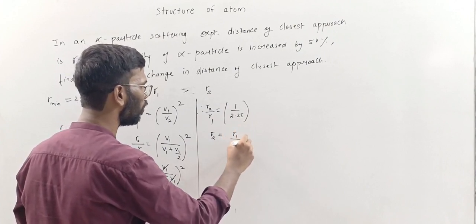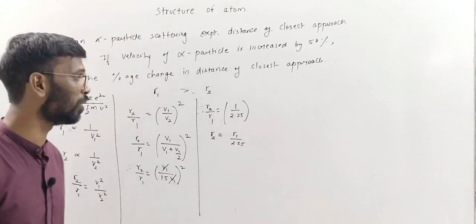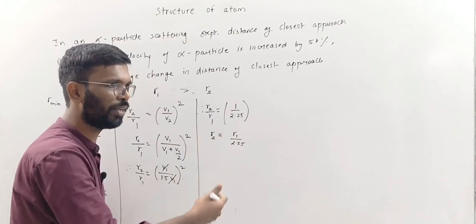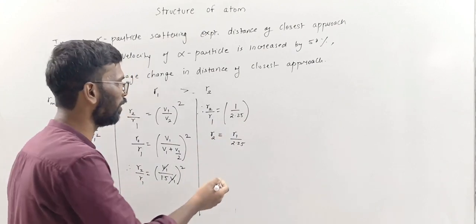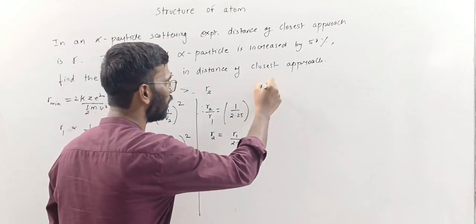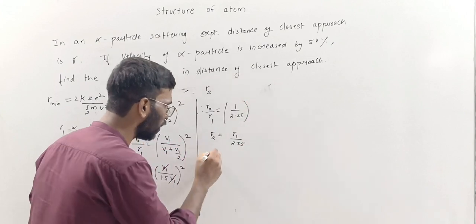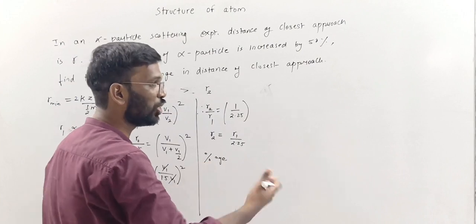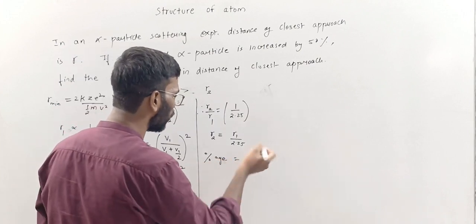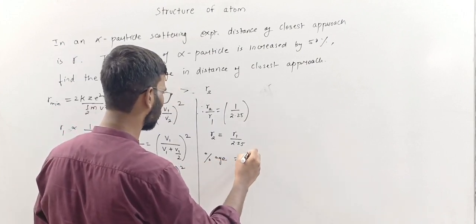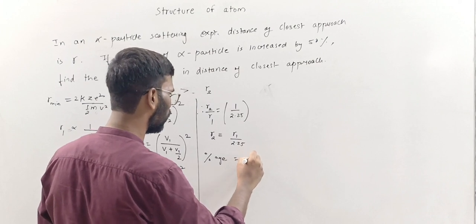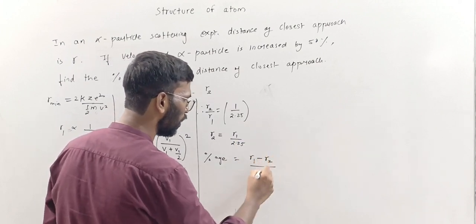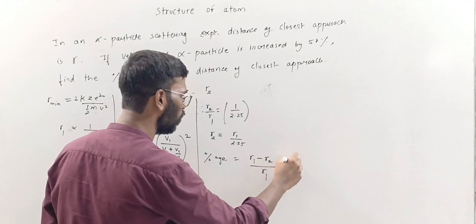Now we are told to find the percentage. How do we find a percentage? It is the difference between the two radii divided by the initial radius. So percentage change in the radius is equal to r1 minus r2 divided by r1, into 100.